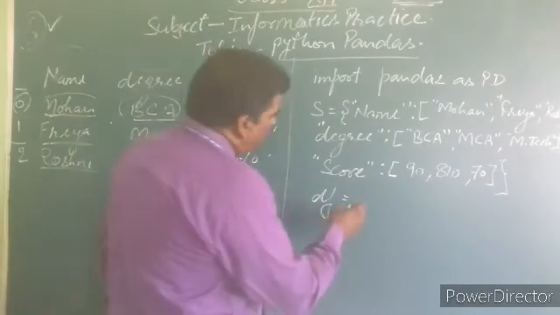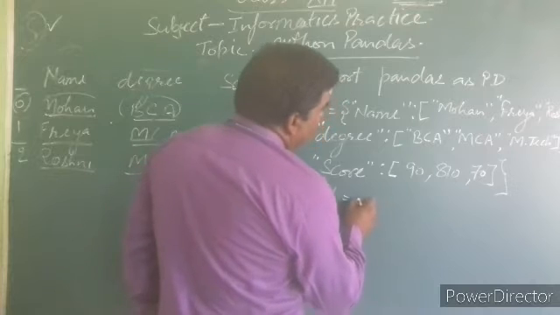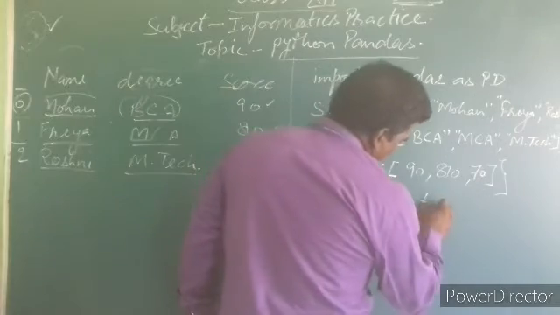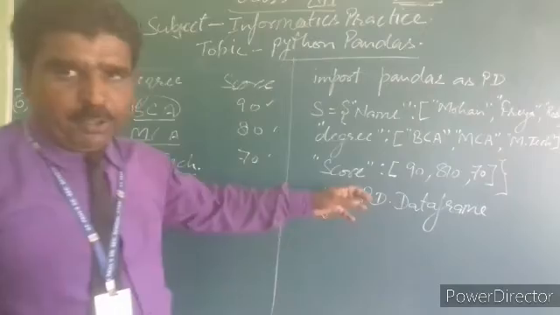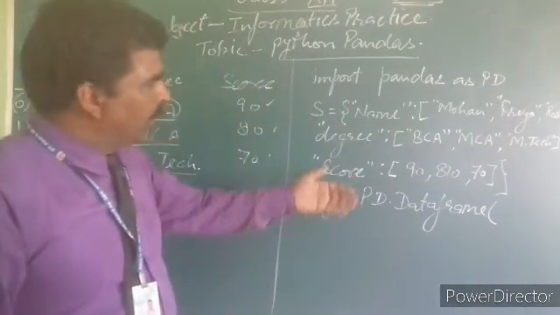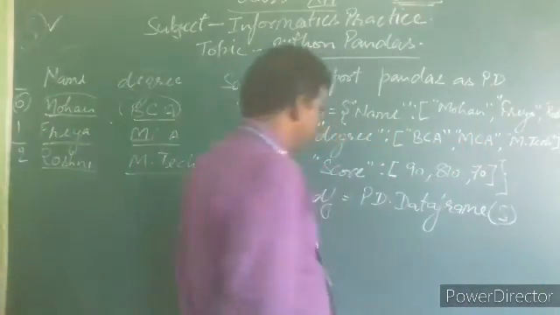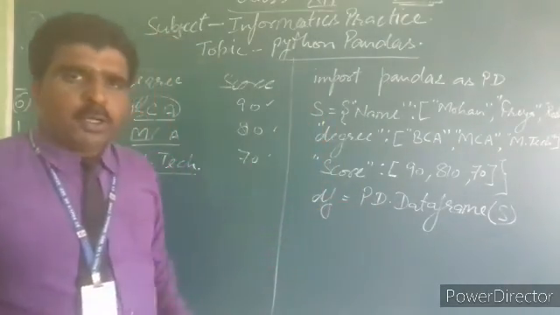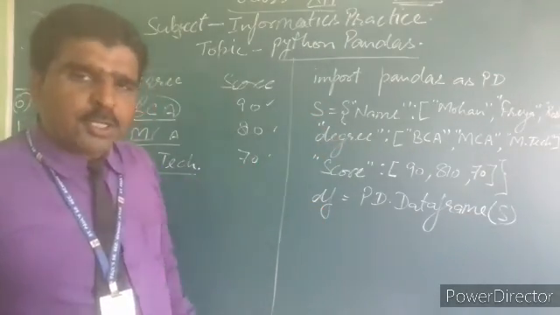So in df we are taking pd dot data frame, and after that the name of the variable you can take here. So all the details will be stored in the form of data frame in one variable, that name is df.